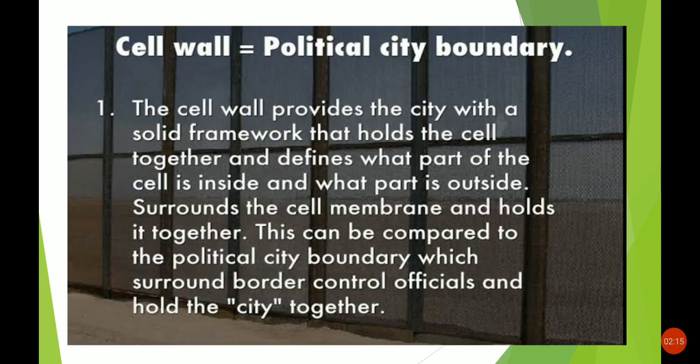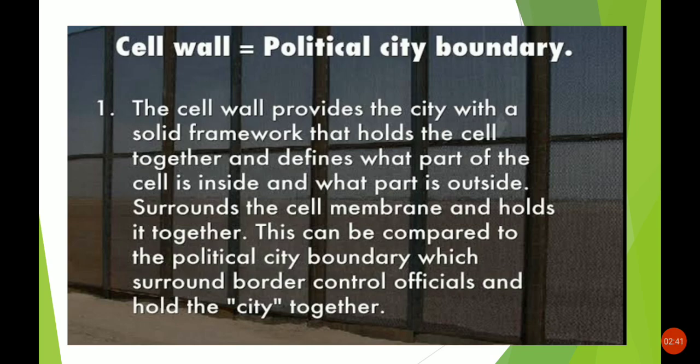And cell wall, the political city boundary. So the cell wall provides the city with a solid framework that holds the cell together and defines what part of the cell is inside and what part is outside, and it also surrounds the cell membrane and holds it together.